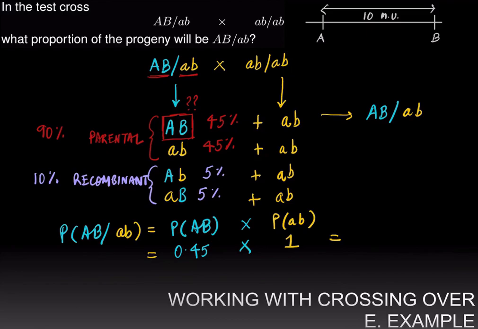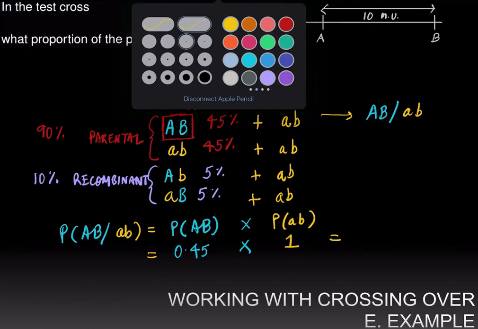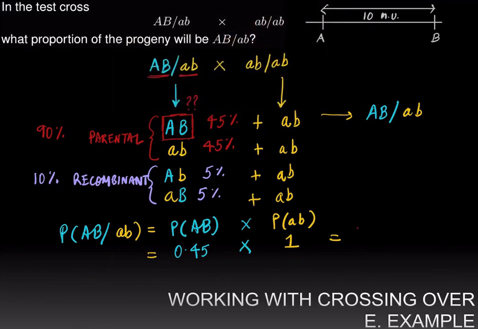They are homozygous for both the little a and the little b alleles. Therefore, the probability of this progeny, big A, big B over little a, little b, is 0.45, or 45%.